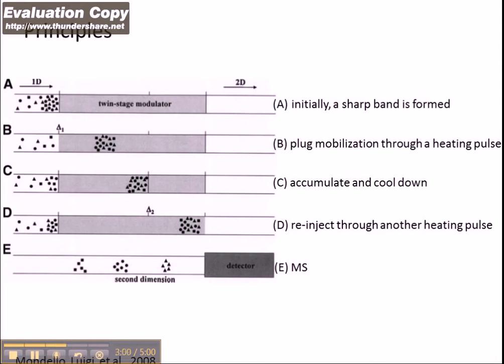In figure C, the sample passes through the modulator, accumulates and then cools down. In figure D, the sample is re-injected into the second column through another heating pulse, and then the sample can be separated by the second column, as shown in figure E. Then the different compounds can be detected by the mass spectrometry.